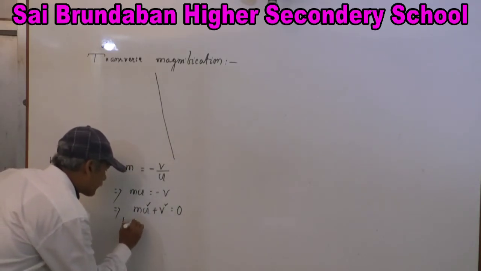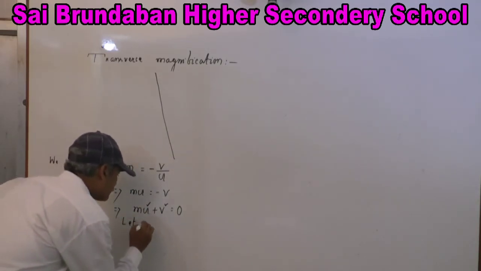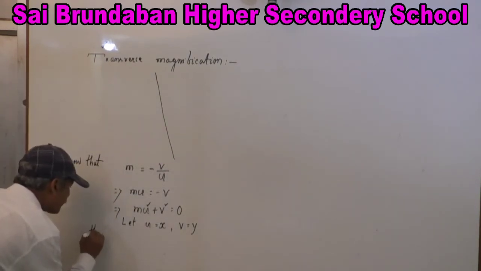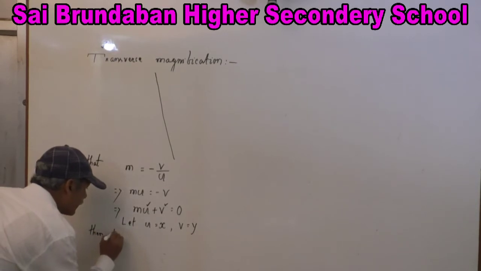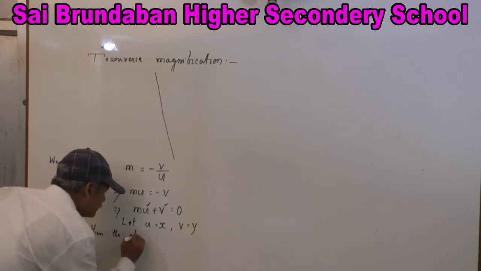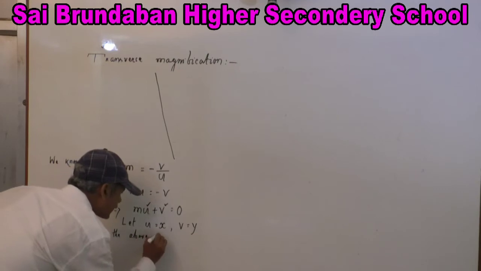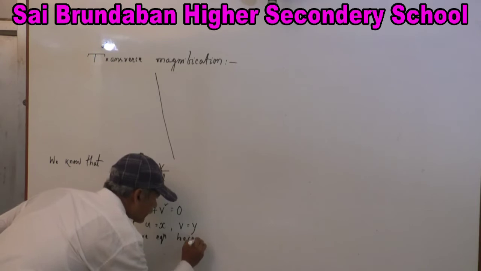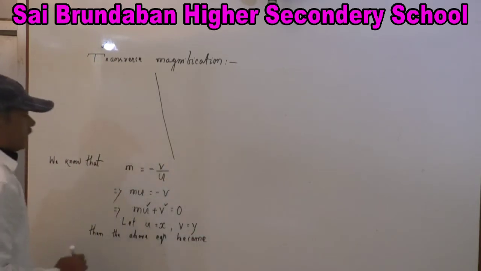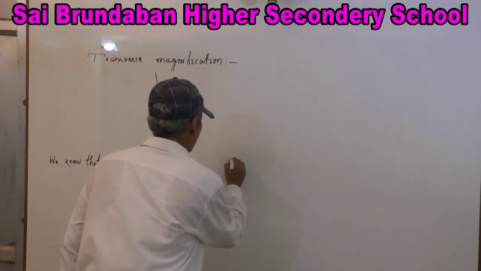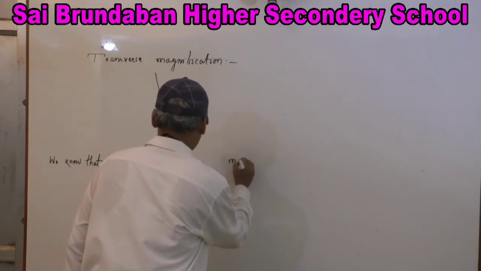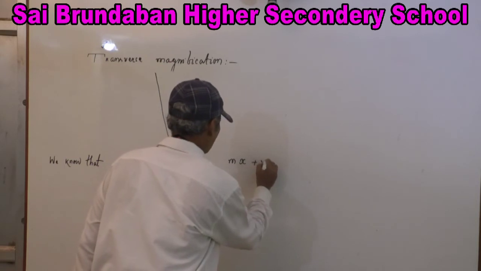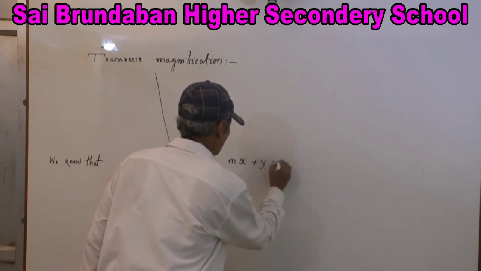Let them be x and y, then the above equation became mx plus y is equal to 0.